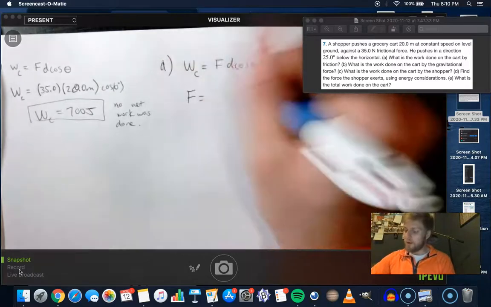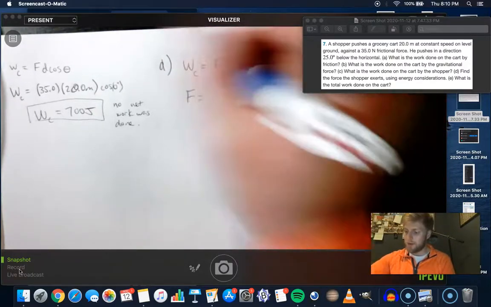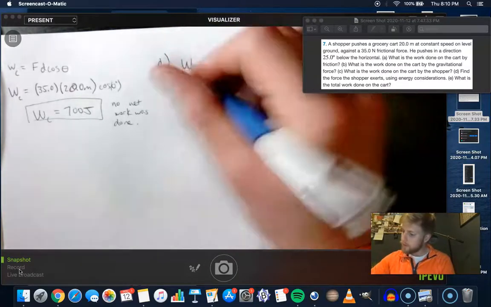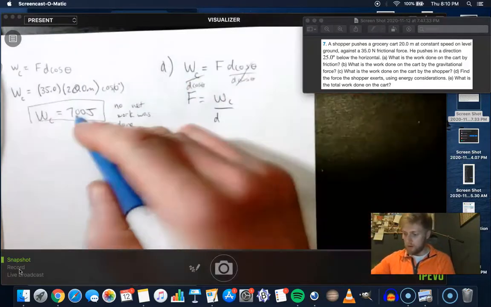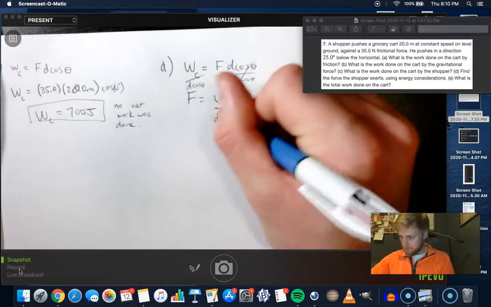If I divide both sides by d cos theta, you get a cancel here. We end up with F equals the work done by the shopper on the cart, 700 joules, divided by d cos theta.